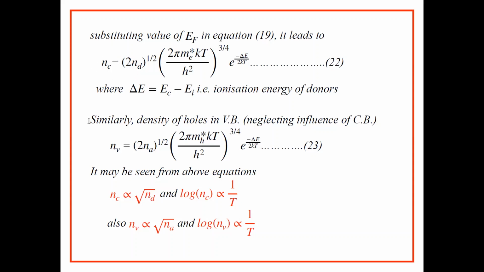In determining the density of holes in the valence band, we neglect the influence of the conduction band, and similarly NV can be given by equation number 23, which is under root of 2 NA (2 pi mh star kT upon h square) to the power 3 by 4 e to the power minus delta E upon 2 kT, where delta E is the ionization energy of acceptors.